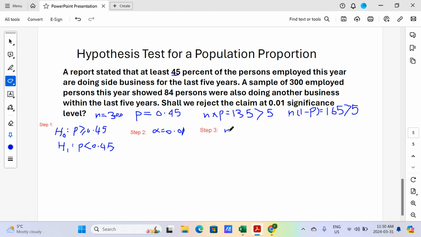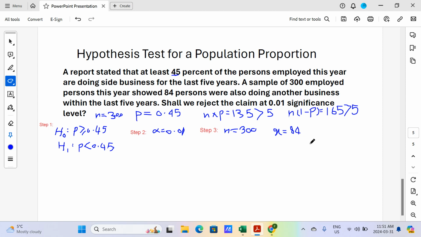So sample size is 300. Okay, and this sample of 300 employed persons showed 84% were also doing another business within the last 5 years.